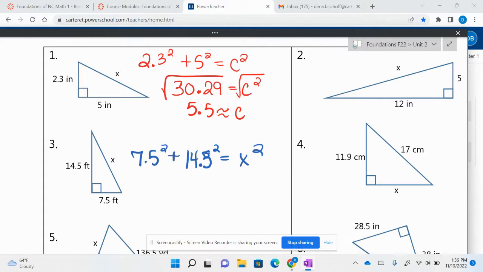Anyone? What is it? 266.5. And when I take the square root of that, good job, you guys. So do you feel okay with this? Do you feel proficient? No or yes? Okay. Let's just do the word problem, number 9, and then we'll get you guys started on your homework.